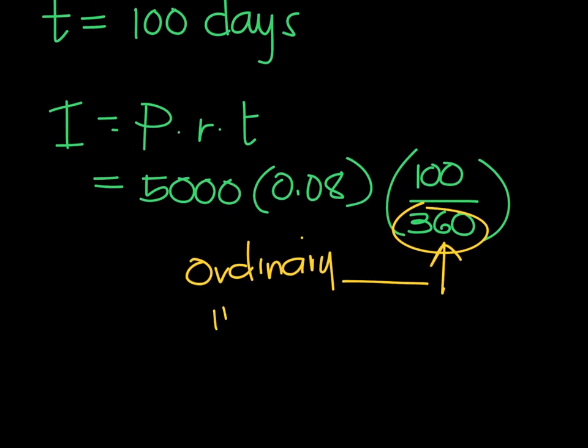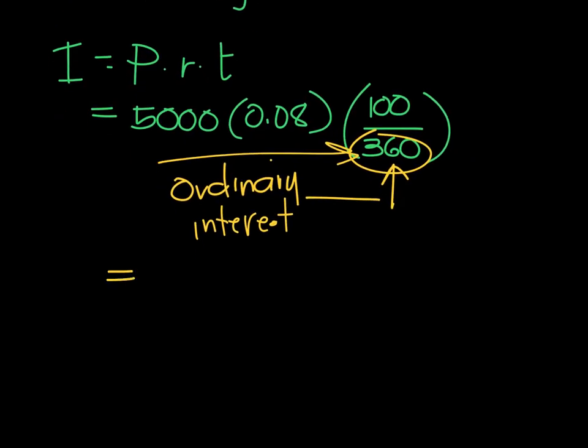So that's where you apply the concept of ordinary interest. It's only in this area where we change the number of days into a year, and to change that, it's 100 over 360 days. Okay, so once you have that set up, all you have to do is to compute for the exact value. 5,000 times 0.08 times 100 over 360 will give you around 111.11.